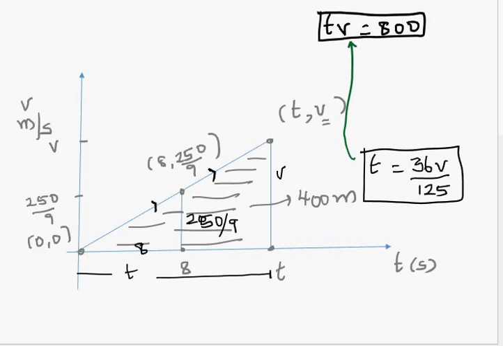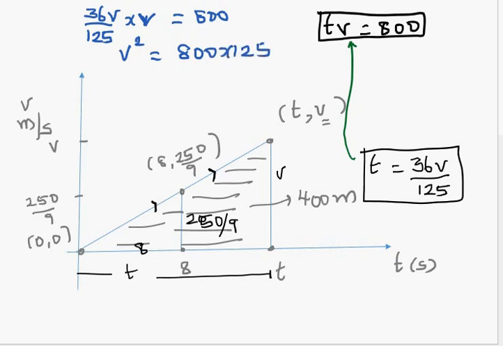Substituting, 36v on 125 times v is 800, so v squared is 800 times 125 on 36.